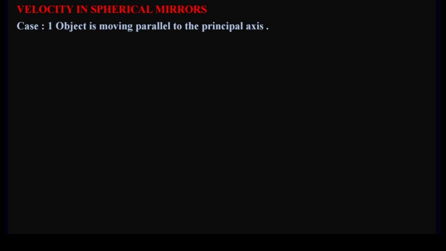Here we are going to see two cases. In the first case we assume that the object lies on the principal axis and it is moving parallel to the principal axis.